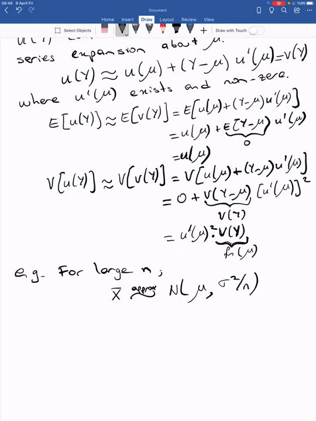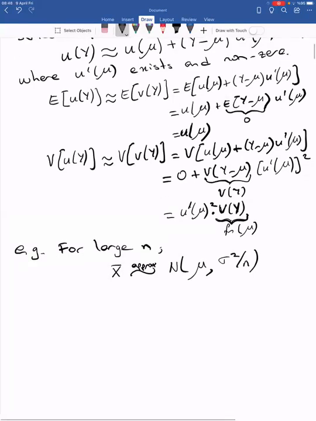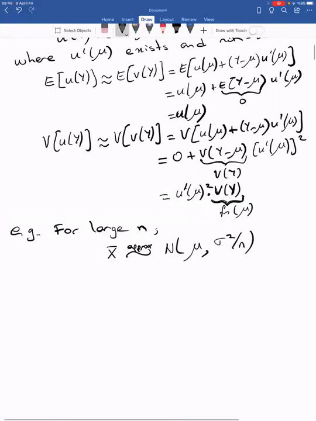So let's say we want to get rid of the sigma squared term. Usually the problem is the case when mu and sigma are functions of each other, but let's see how we can apply this. So basically, we need to find a u(x bar) function.